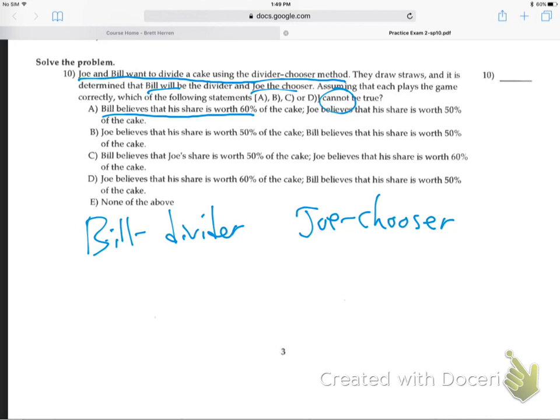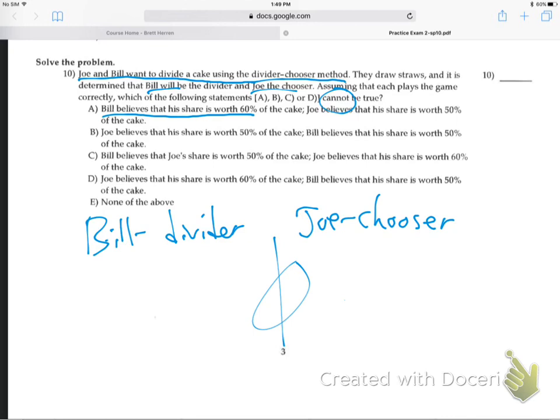So when Bill's done cutting, he won't cut so that he has a piece that's more than 50%, because he's afraid Joe would have chosen that piece. He'll cut that cake 50-50 in his opinion. Make sense? So it's A, right off the bat.